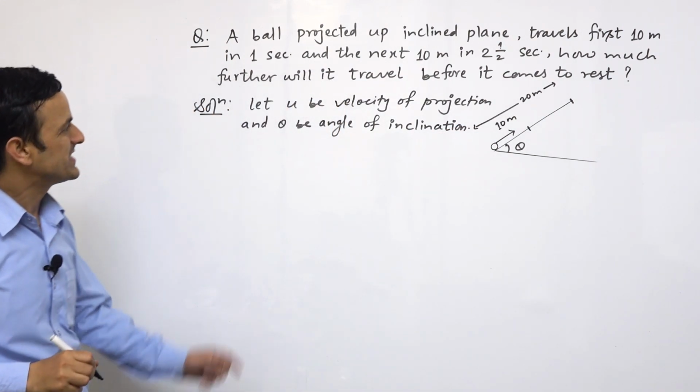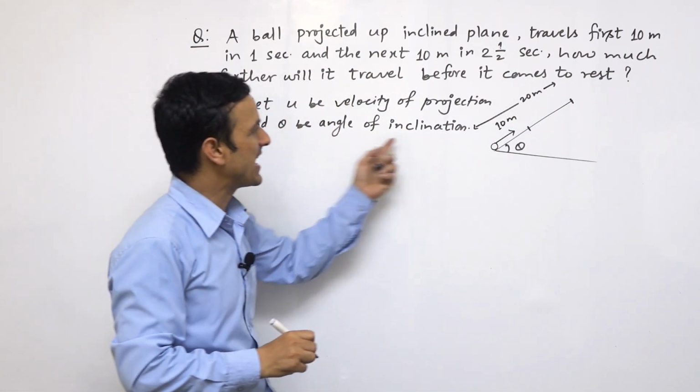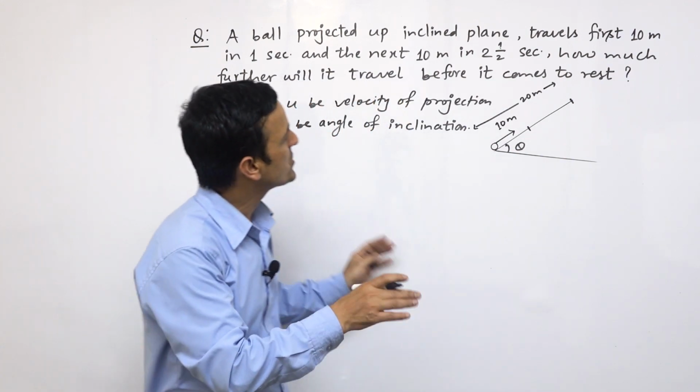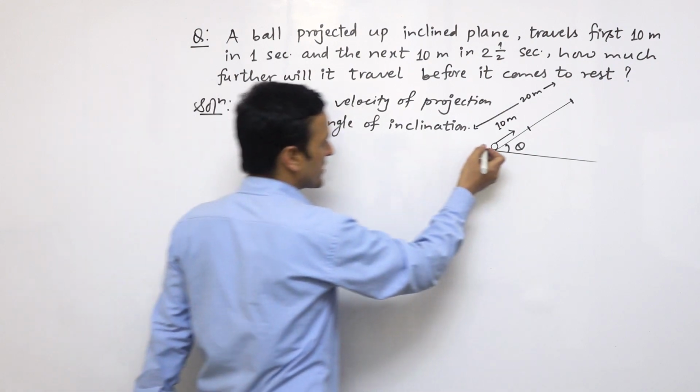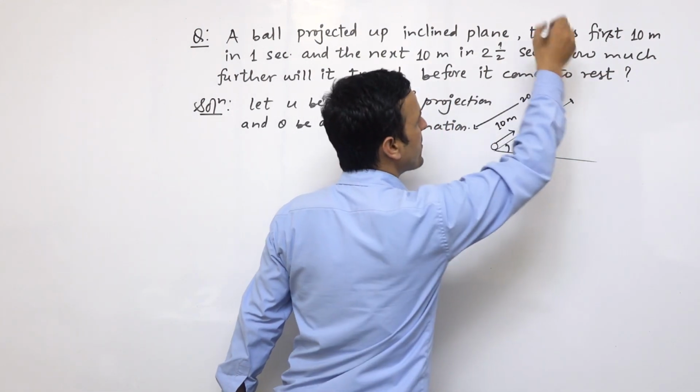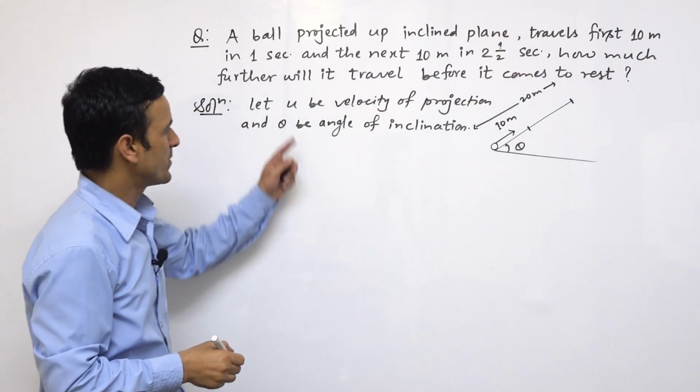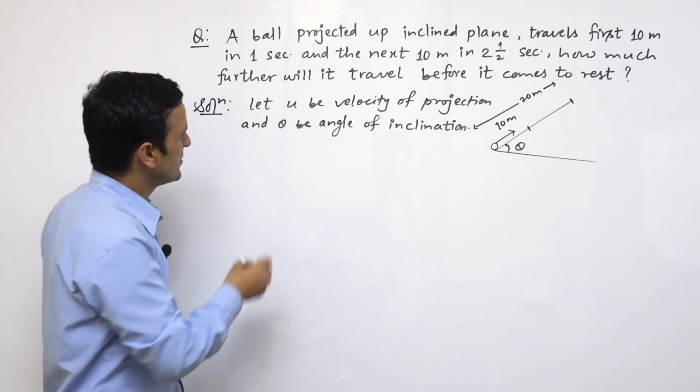U र theta लाई हामीले यसरी सपोज गर्यौं. अब आउने इक्वेसन अफ मोसन मा हाम्रो यस्तो टर्म आउँछ, त्यसकारण हामीले सपोज गर्यौं. प्रोजेक्ट गर्दा कुनै एउटा सर्टन भेलोसिटी ले प्रोजेक्ट गरिएको हुन्छ, त्यसको भेलोसिटी पनि जान्नु पर्छ. So it will be u.